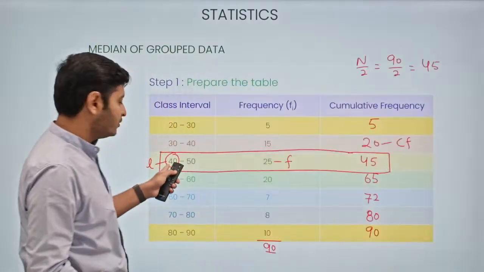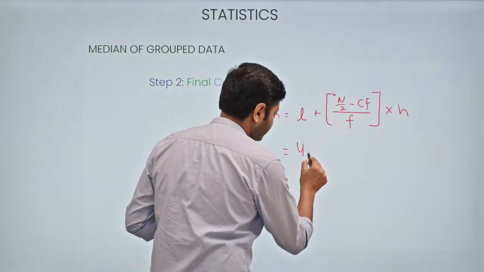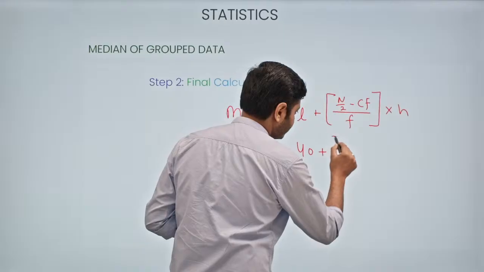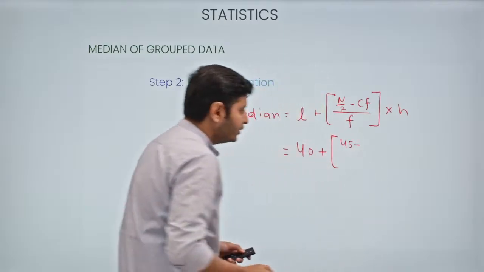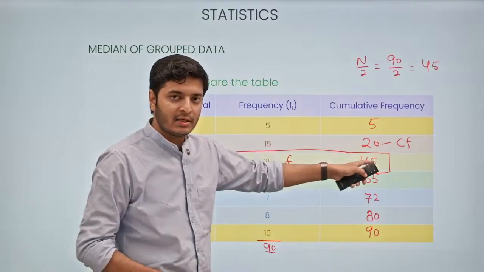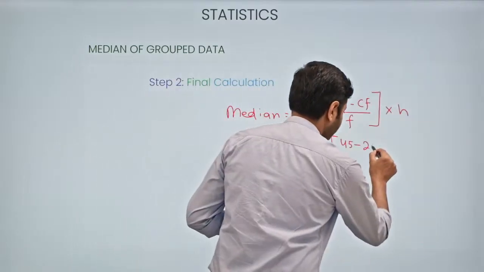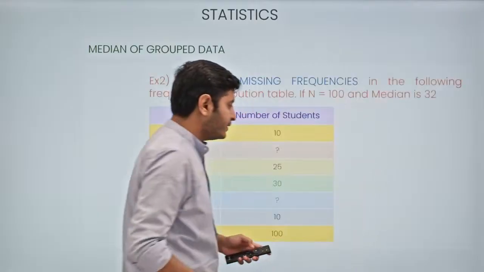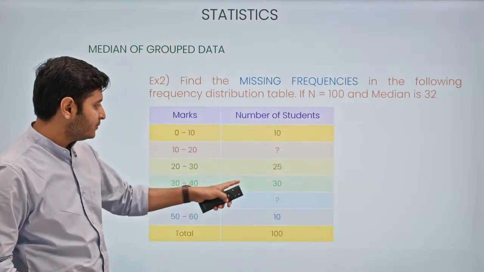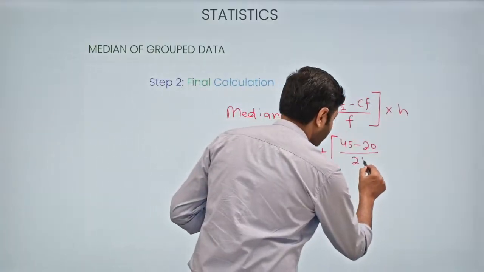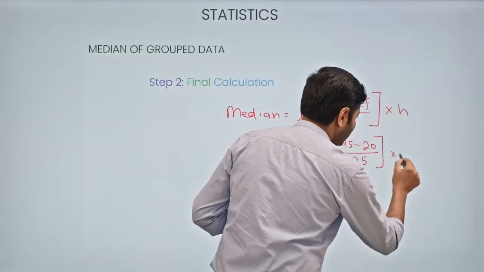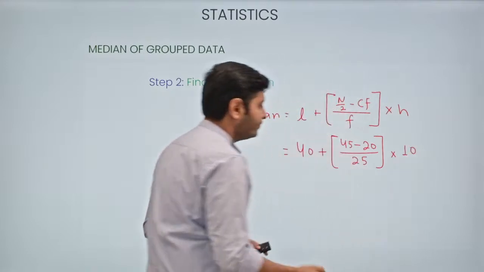L value is 40, so I will write 40 here, plus n by 2 is 45, minus the cumulative frequency of the previous class, 20, divided by the frequency of this class, 25, into the class width, which was 10.